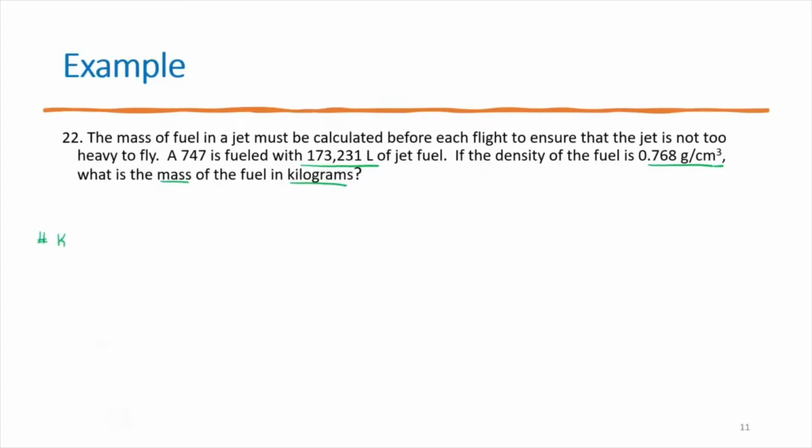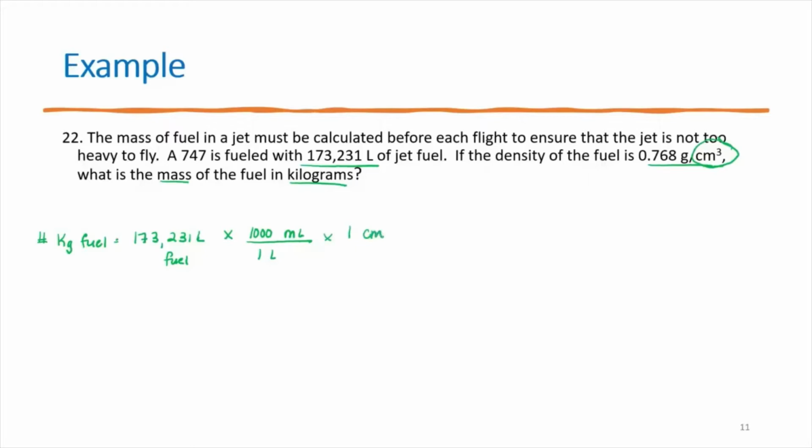So number of kilograms of fuel, starting out with 231 liters. I know there's 1,000 milliliters per 1 liter. Why am I converting to milliliters? Because I know that 1 mil equals 1 centimeter cubed.